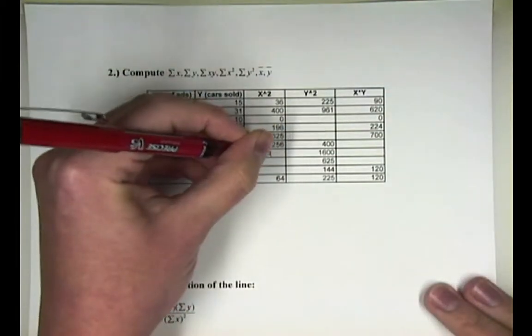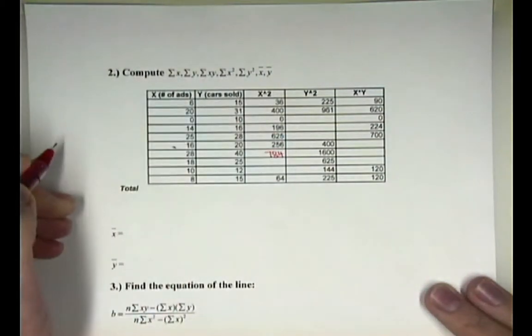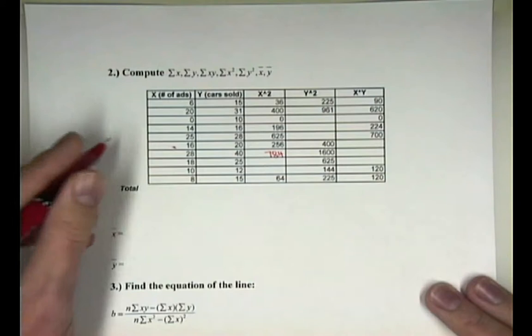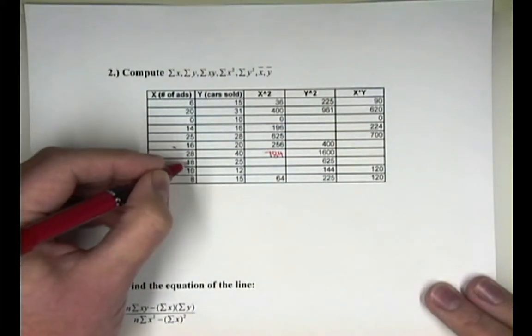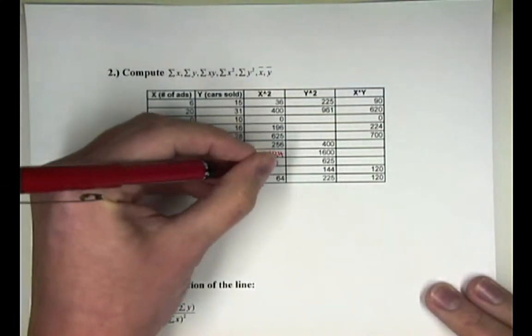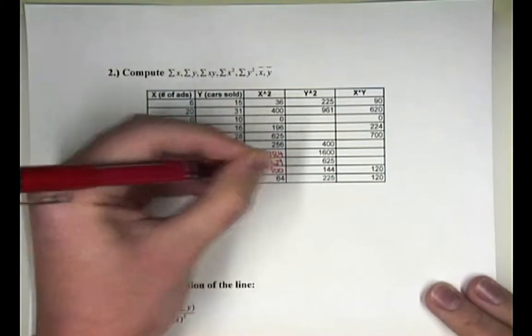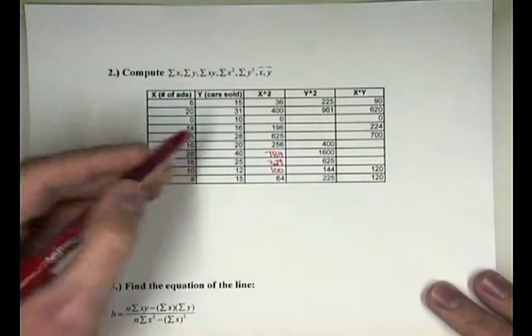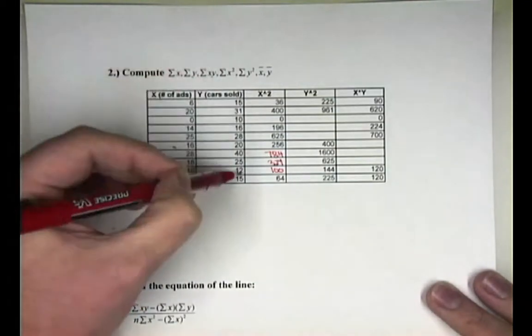Well, you can do it by hand, or you can have the aid of a calculator to tell you it's 784. 18 squared is 324, and 10 squared, I don't need a calculator for that one, I know that it's 100. So this is the x squareds column.